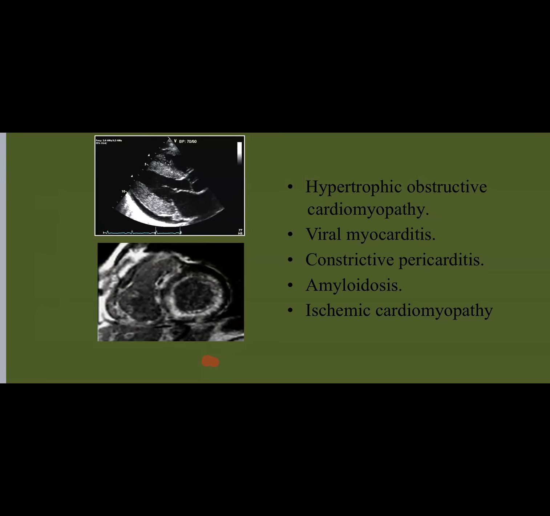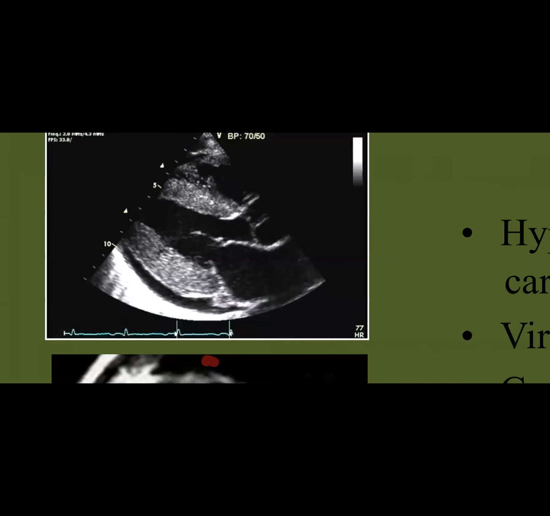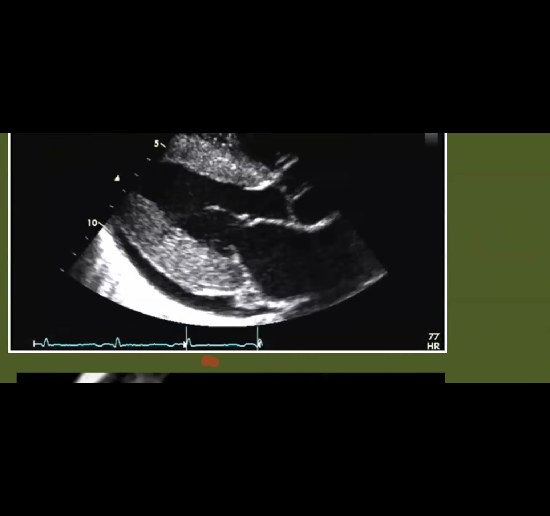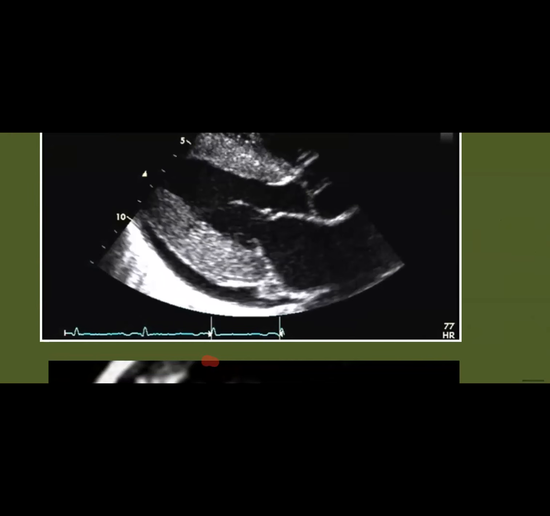The myocardium on the 2D echo is thickened and sparkling. Yes, we can say here the sparkling texture, the small rim of pericardial effusion and the low voltage in the ECG, right? Well, I think amyloidosis is because of a diffuse subendocardial enhancement.